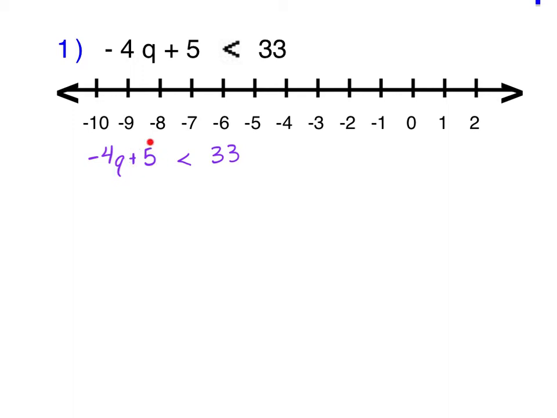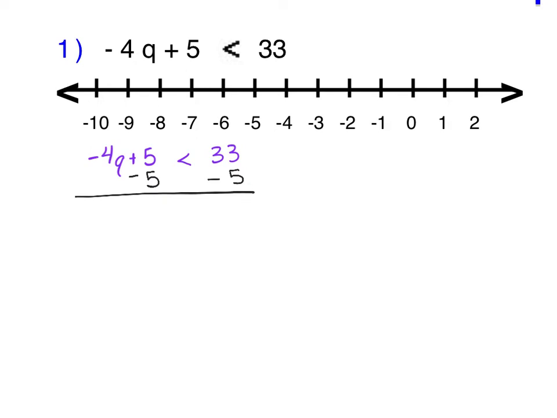You start with what's being added to or subtracted from your variable. So we have this positive 5 here, and we want to get rid of it. To get rid of it, we subtract 5 on both sides so we keep our inequality equal.